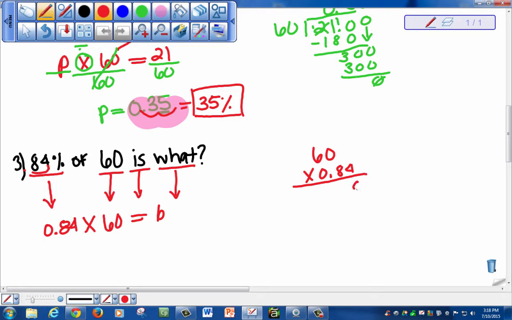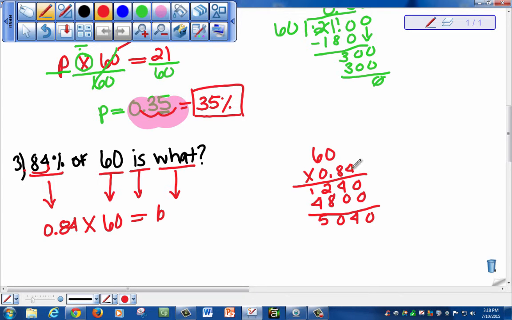4 times 0 is 0. 6 times 4 is 24. We leave a space. 8 times 0 is 0. And 6 times 8 is 48. We add up. 4 plus 8 is 12, and so on.